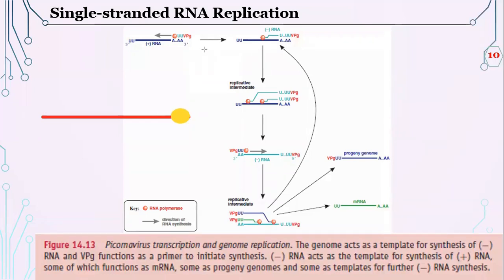This polymerase will scan the RNA, and meanwhile, another polymerase will already be bound there, and it will have polymerized the sequence, this one, and there will be another polymerase, like here.